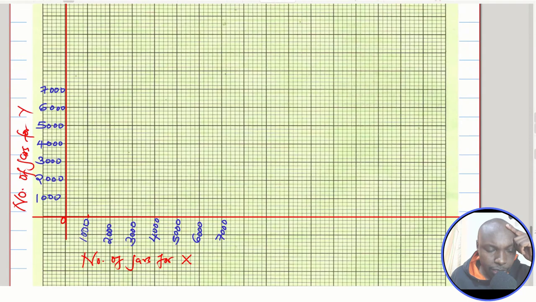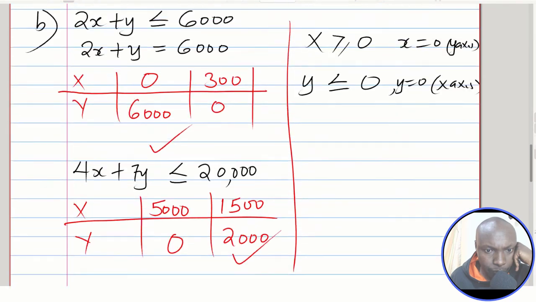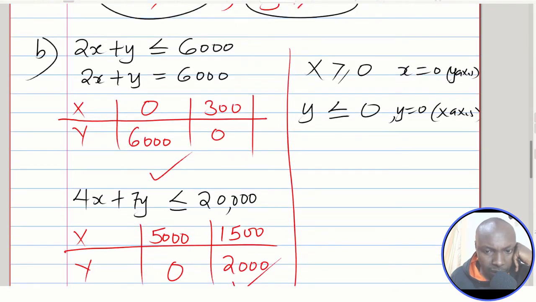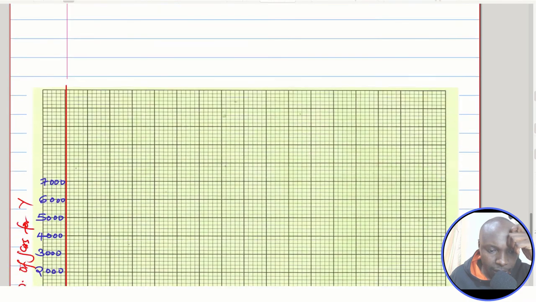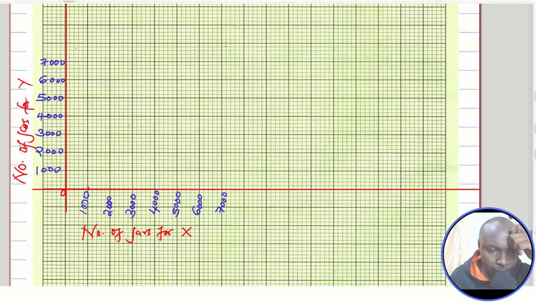I have already chosen the scale based on the values that I have here. When you look at the values, this one is 6,000, this one is 3,000. Sorry, this is supposed to be 3,000 when y is 0. So based on those values, I have chosen a scale of 1 centimeter to represent 1,000.